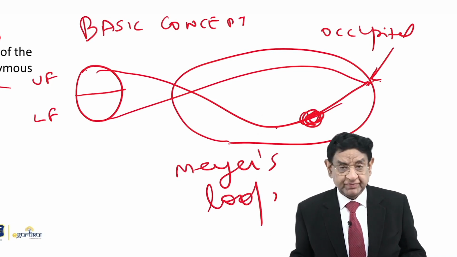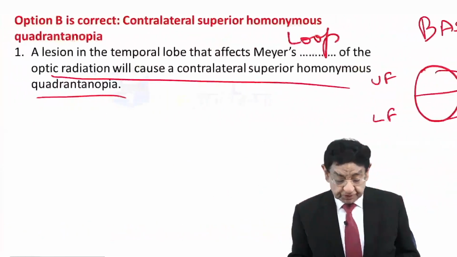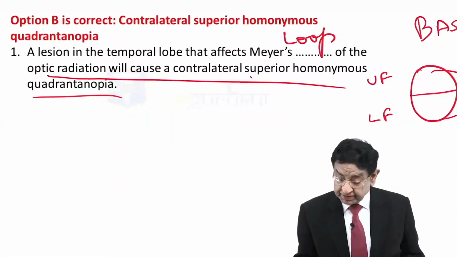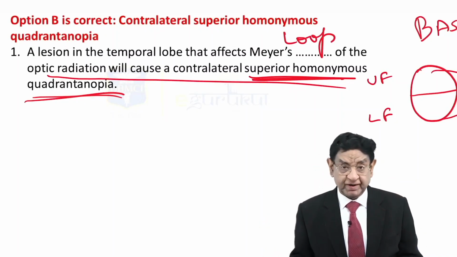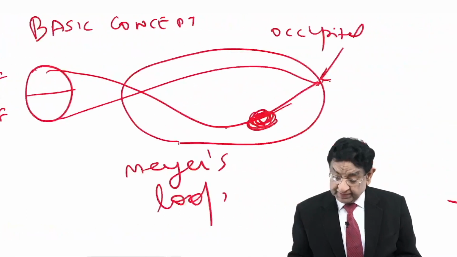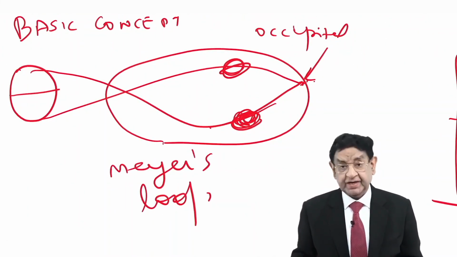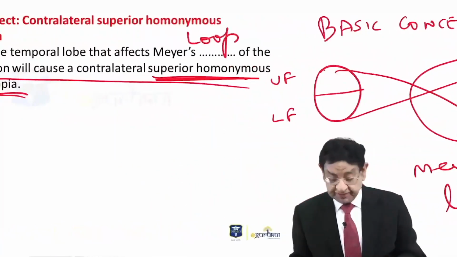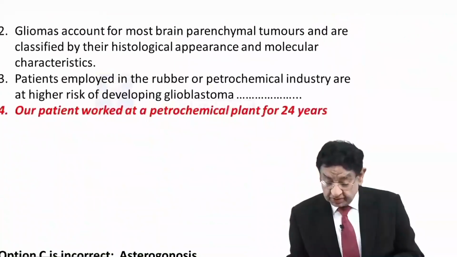So when this tumor is in the temporal lobe, superior homonymous quadrantopia will be there because superior field fibers are lost. Similarly, if the patient has a lesion in the parietal lobe, there will be inferior quadrantopia, as inferior field fibers will be lost.